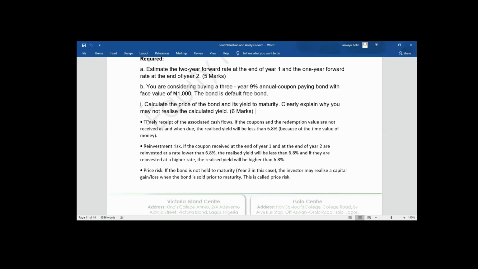If the bond is not held to maturity, in this case, at the end of year 3, the investor may realize a capital gain or loss when the bond is sold prior to maturity. If the bond is sold before 3 years, the realized yield will not be the same as the calculated yield to maturity.